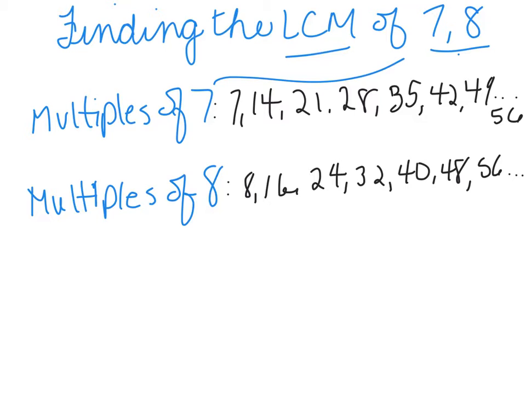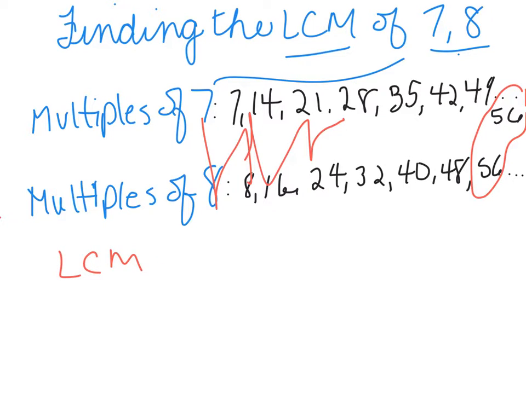Let's see if I can go up and down here to see if anything matches, and I don't have anything that matches until I get all the way down to 56. So the least common multiple of, and this is important, you have to write this, 7 and 8 is 56.